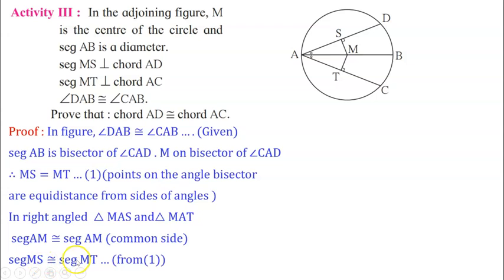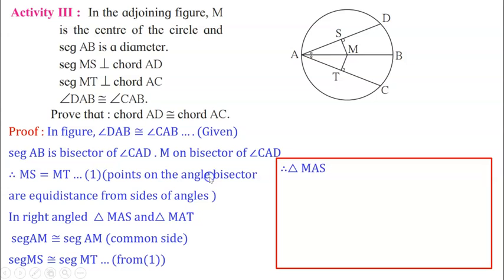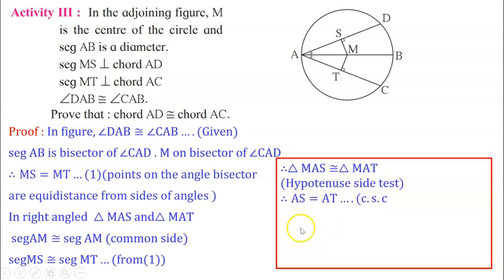Next, segment MS is congruent to segment MT, and therefore triangle MAS is congruent to triangle MAT by the hypotenuse side test, and therefore AS is equal to AT. Multiplying both sides by 2, 2 times AS is equal to 2 times AT.